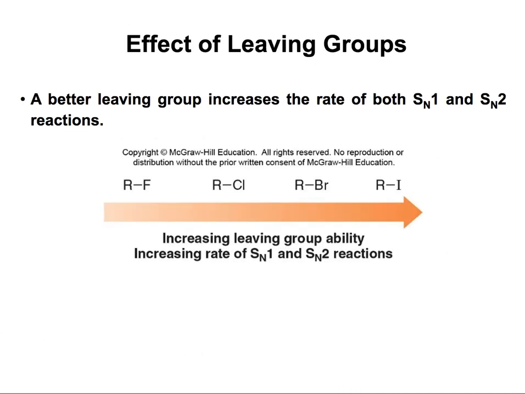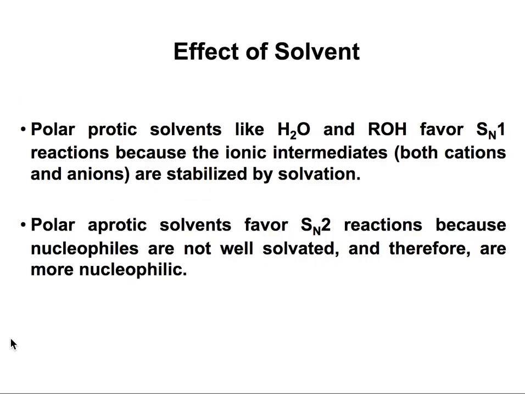The leaving group also matters, and it matters for both Sn1 and Sn2. If you have a good leaving group, it's good for Sn1 and Sn2. And the effect of the solvent, we talk about it extensively in one of the videos.